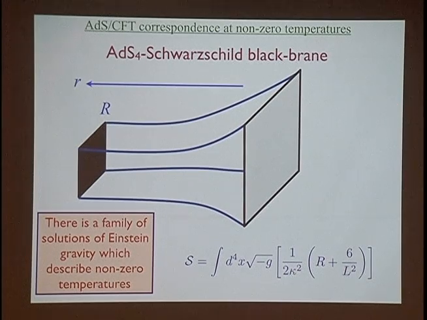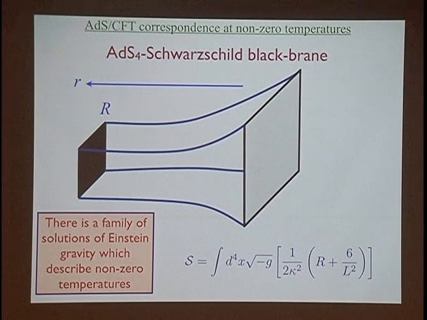Okay, so finally, what use is all this? Why am I doing all this? So far, I've just shown you that there's a machine for generating correlation functions of a conformal field theory that may be a bit simpler than the machines you knew before, but it's giving the same information. Where things become really interesting and totally new is when you now turn on a temperature.